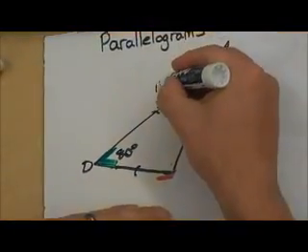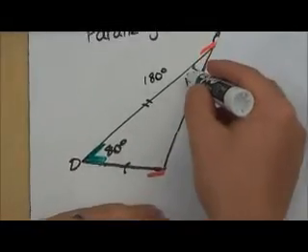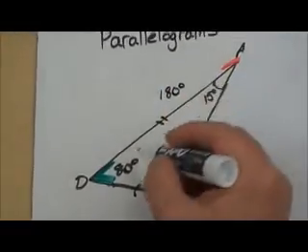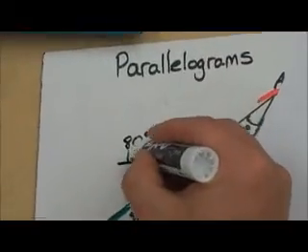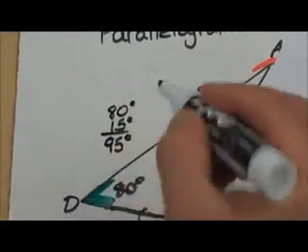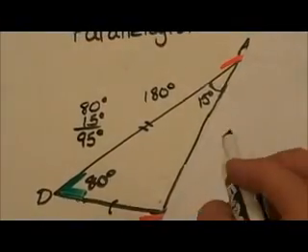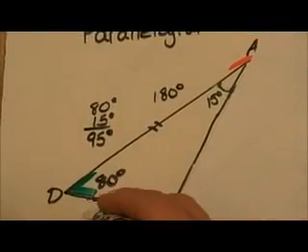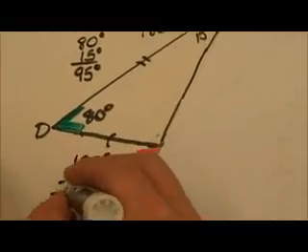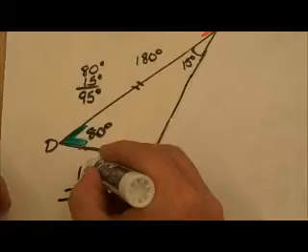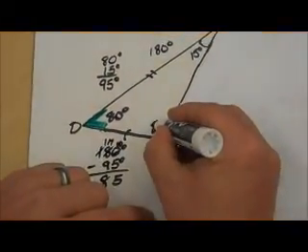So I need to remember I have 180 degrees. So far I have 80 and 15, and 80 plus 15 will yield me 95 degrees. I must find this other angle that's missing. So I do a quick little subtraction, and I will get 85 degrees.